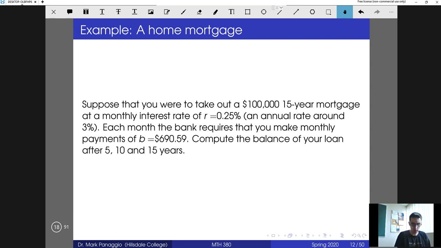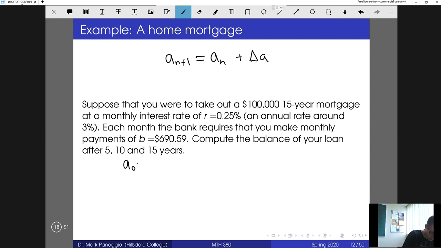All right, to start, let's try to set up the model. So we need to be able to relate all this information in the problem to the general form of a difference equation, which, as you recall, is the new value of the state is equal to the old value plus the change. All right. So notice we're told that initially we have a $100,000 mortgage.